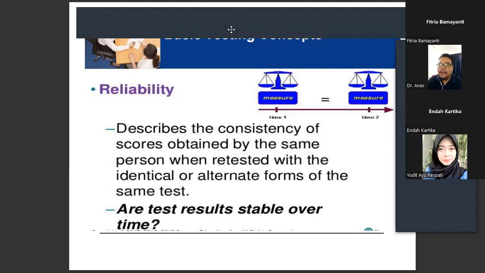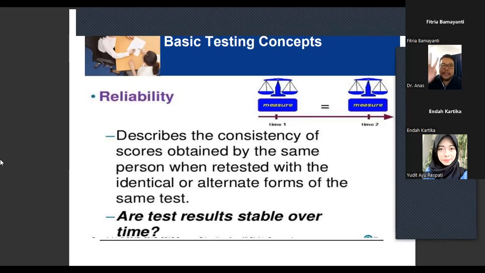For example, reliability is basically testing more than one person, more than one candidate. Say I'm one of the employers at company A, and I interview Rafki and Yusifa.